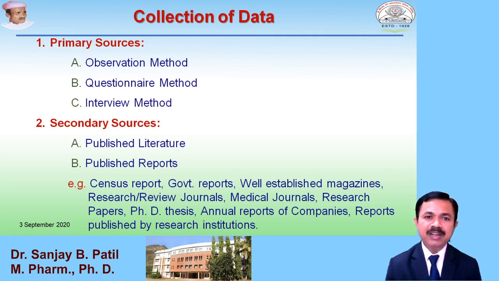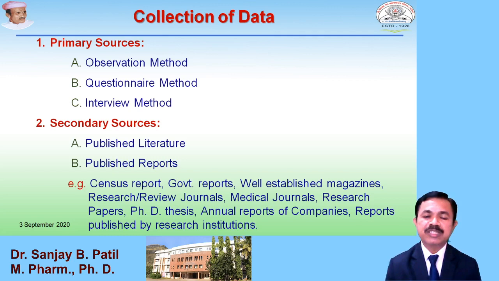Then another source for collecting the data is the secondary source, specifically when we are collecting secondary type of data. The various sources by which secondary data is collected are in the form of published literature or reports. Means that data is already readily available.